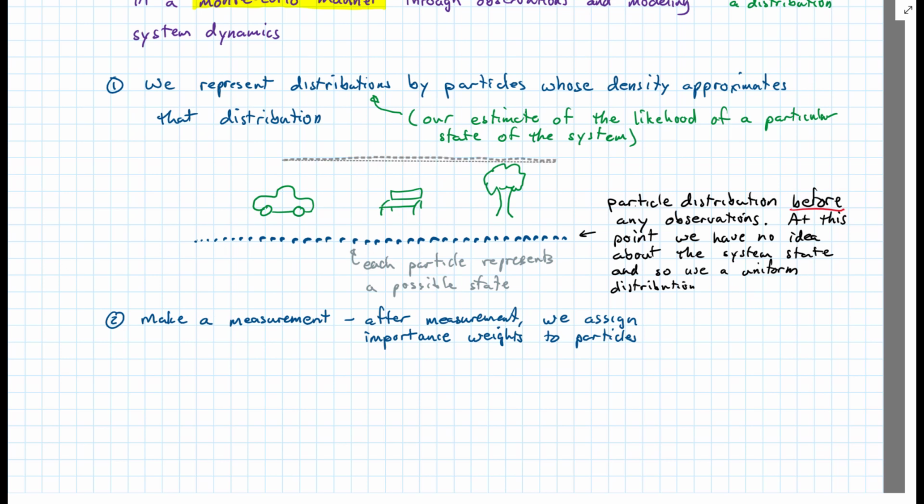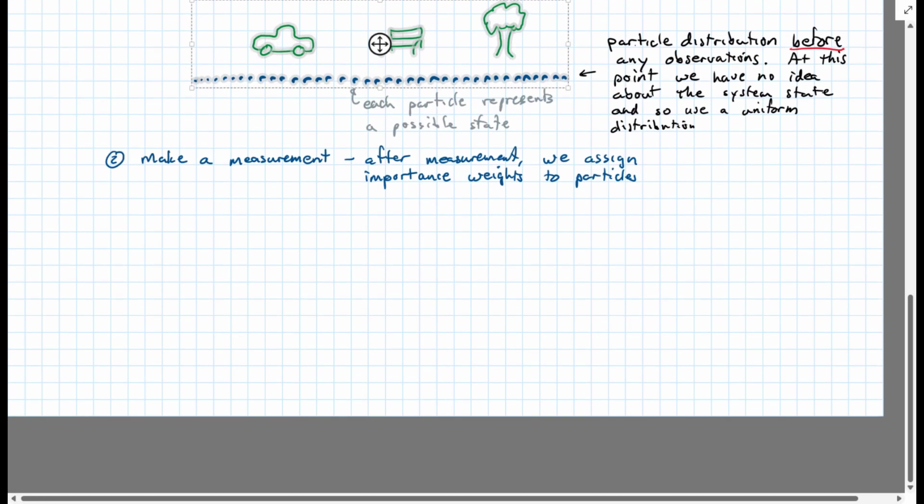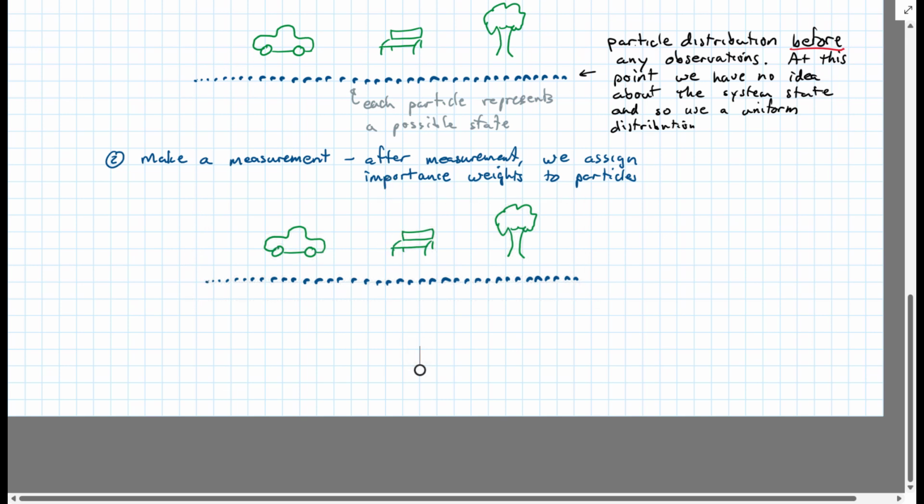So let's continue this example down below. We have the same particles, and now I'm going to assign importance to each of them. And I'm going to do that by making them larger.